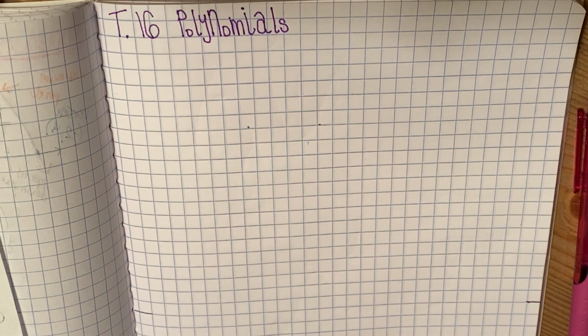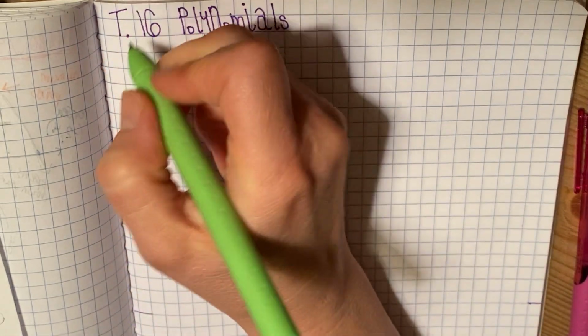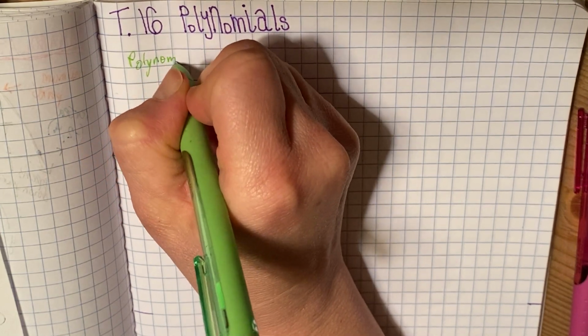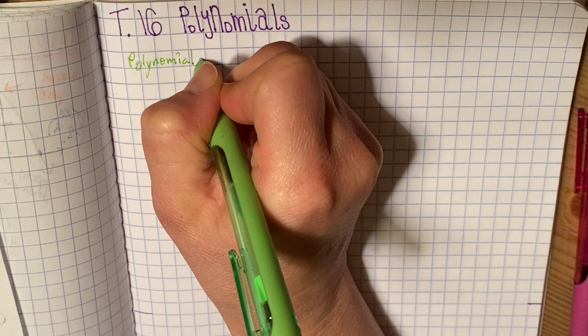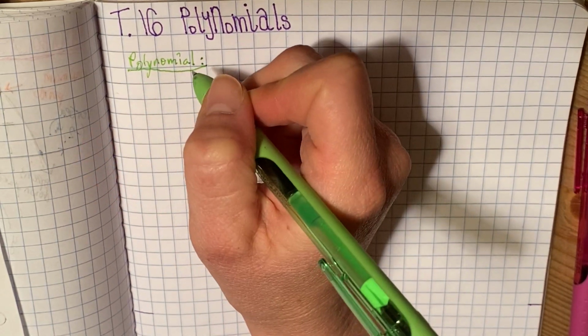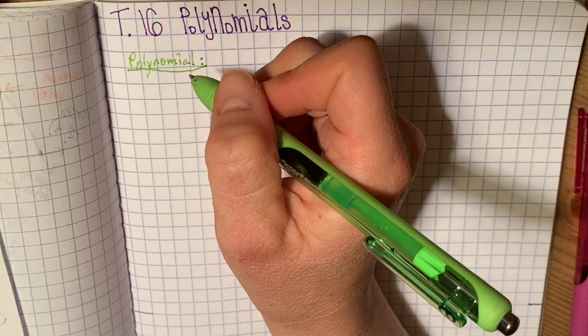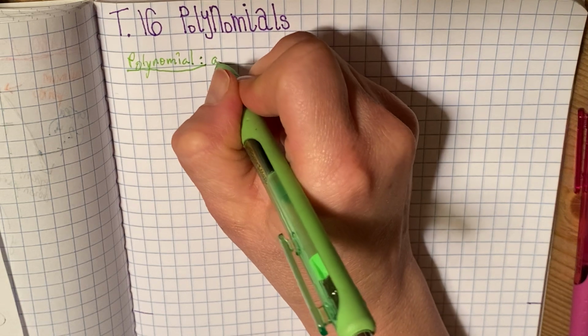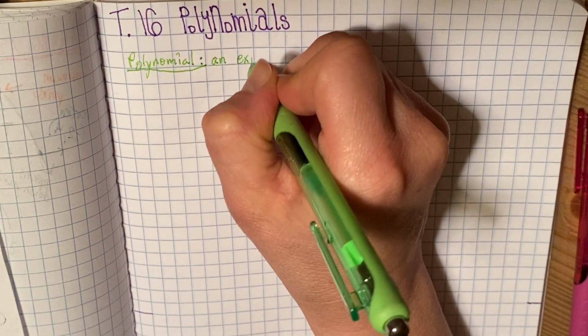All right, so I'm going to actually change my color here. Okay, so let's first start with the definition of what a polynomial is. Okay, so a polynomial is any expression of terms being added or subtracted. Okay, so we're going to put an expression.